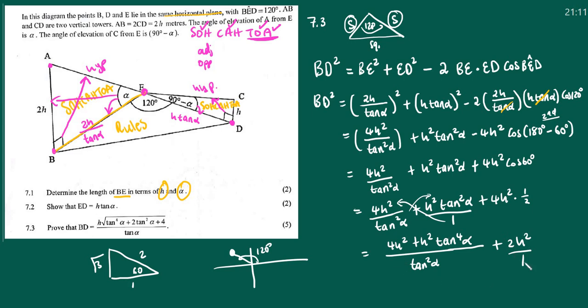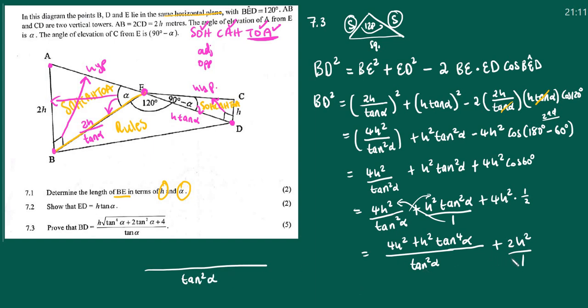So we're going to now combine these two fractions. You don't combine 3 fractions at once. Try to combine them 2 by 2. So when you combine this one, what are we going to get? It's just algebra here. This times that is going to be tan squared alpha.